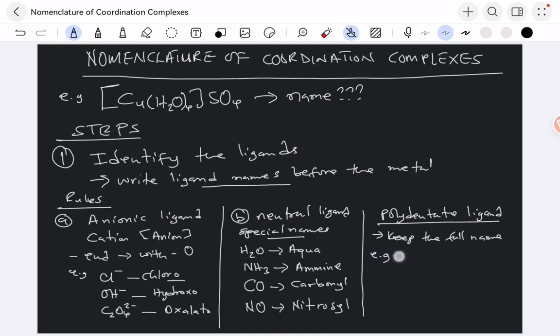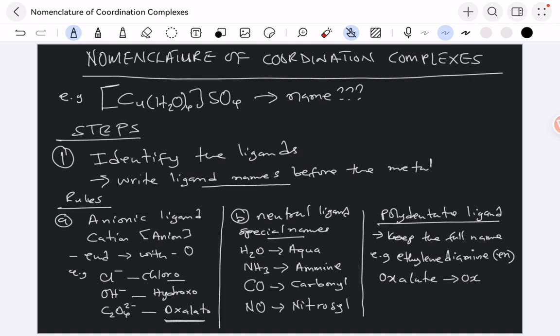The common example is ethylenediamine, where we use EN to represent ethylenediamine. The other one is oxalate, which is OX, oxalate. So those are examples of polydentate. But if it is found on the negative side, it becomes oxalato. That is rule number 1.